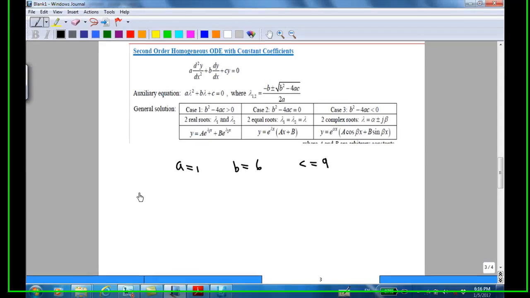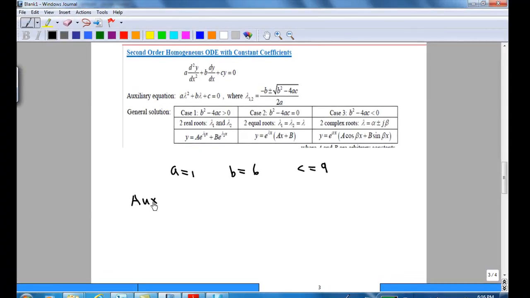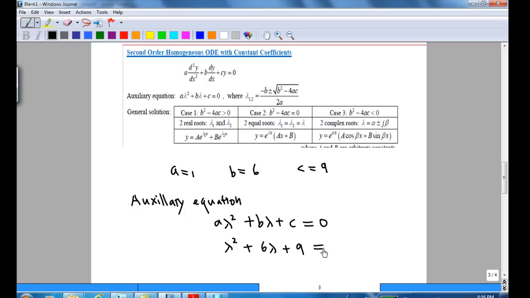So we now calculate the auxiliary equation, which is Aλ² + Bλ + C = 0. Here A is equal to 1, B equal to 6, C equal to 9. So we solve this equation using the quadratic formula.